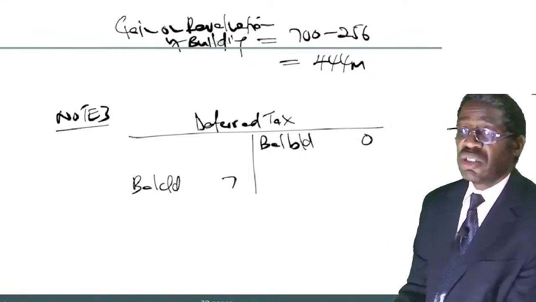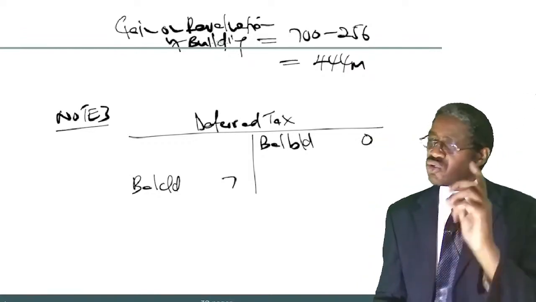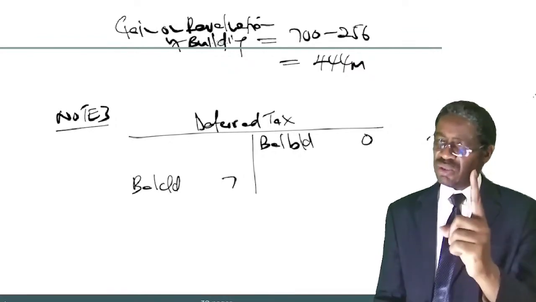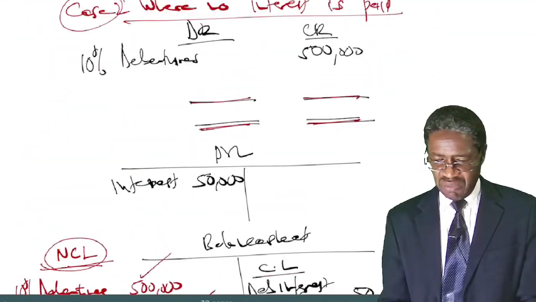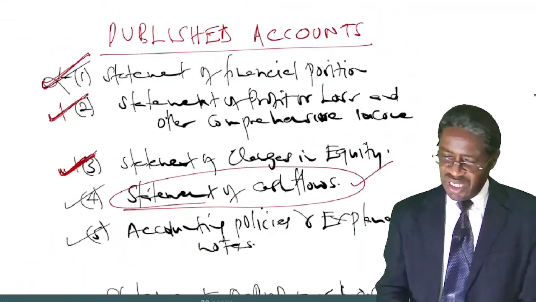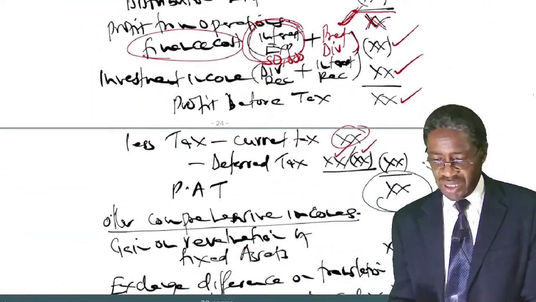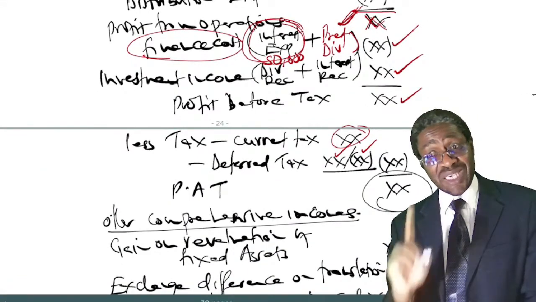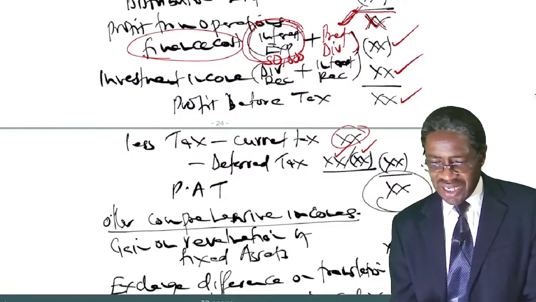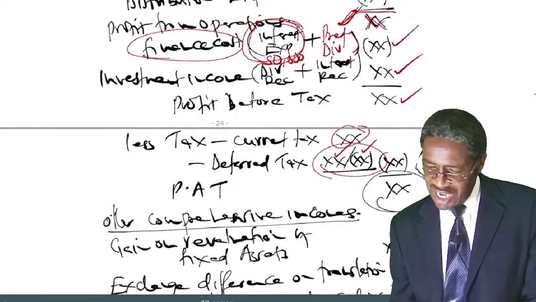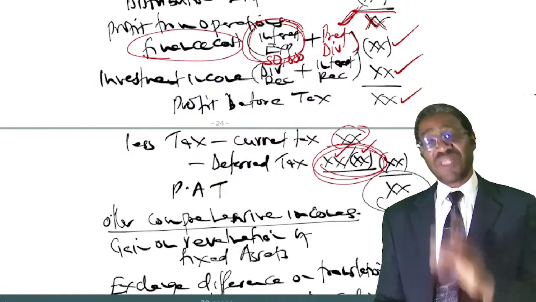Then I told you the balancing figure will be what you take to the P&L account. When we were discussing deferred tax in the income statement, we said there are times you can add the deferred tax to the current tax, and times you can deduct the deferred tax charge from the current tax.